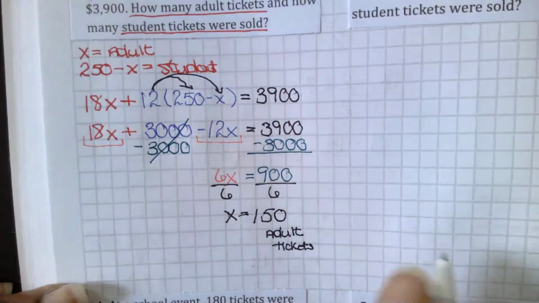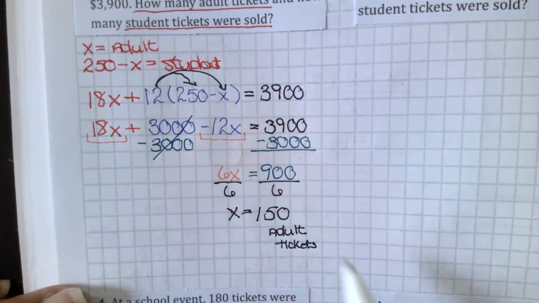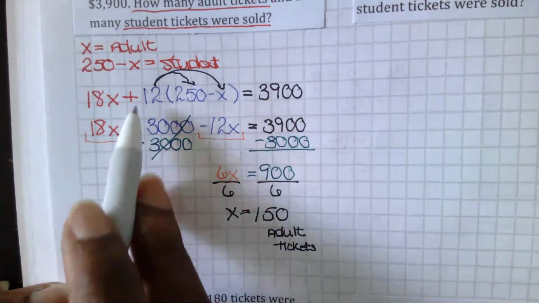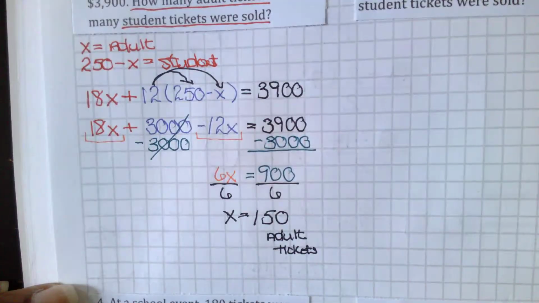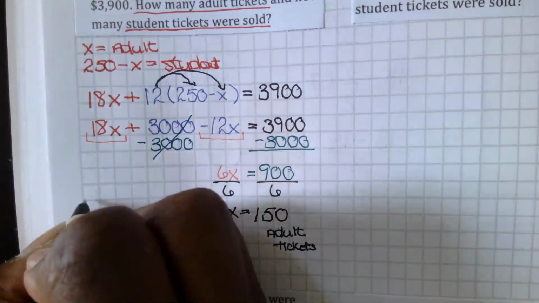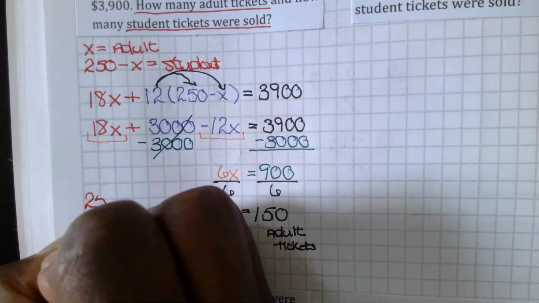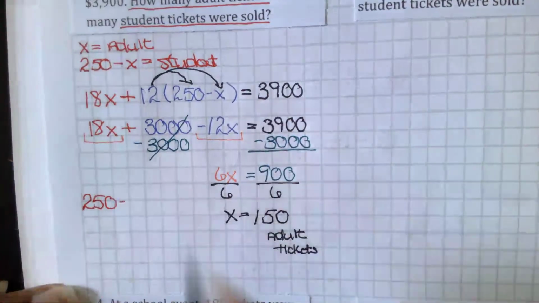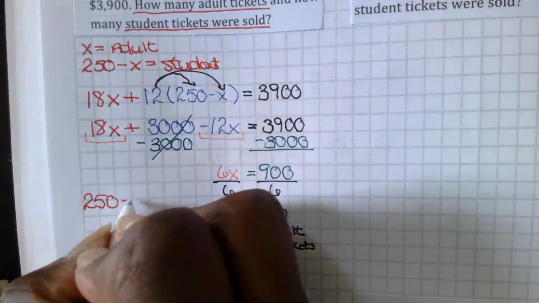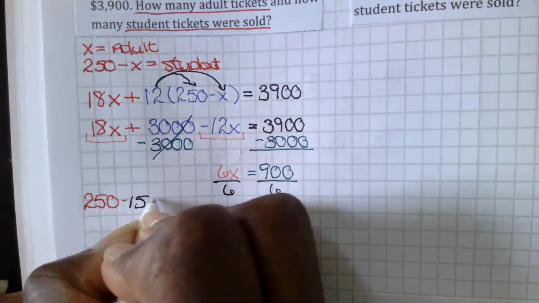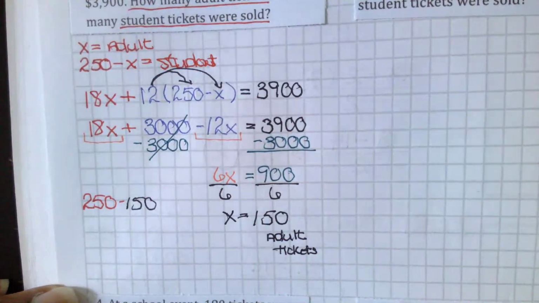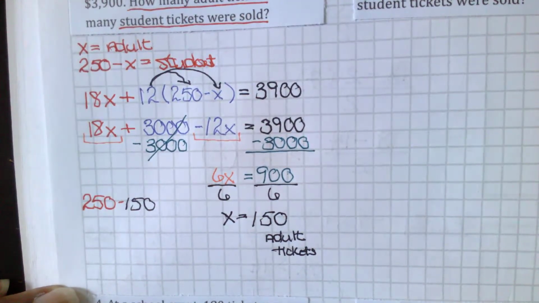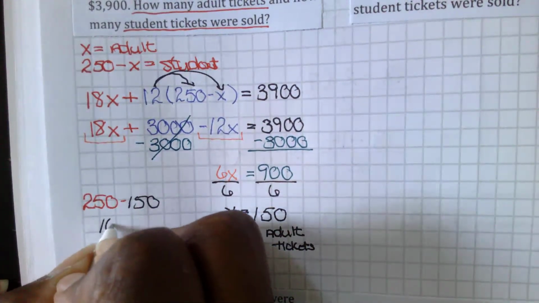So if there are 150 adult tickets, in order for us to find the student tickets, we're going to take our 250 minus the 150 that we found for adults, and that gives us 100.